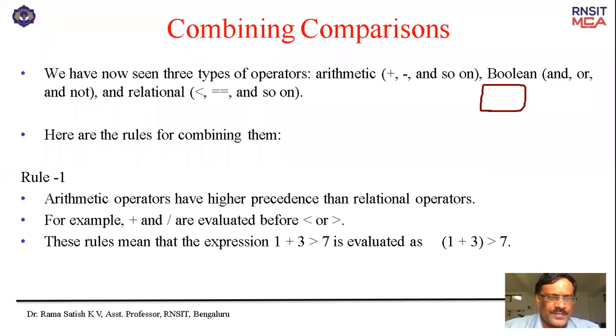The first rule is that arithmetic operators have higher precedence than relational operators. Yes, always arithmetic operators are given the highest precedence. An example: if you write 1 plus 3 greater than 7, first 1 plus 3 is evaluated, and later the greater than is evaluated. So this is the meaning of rule number 1.